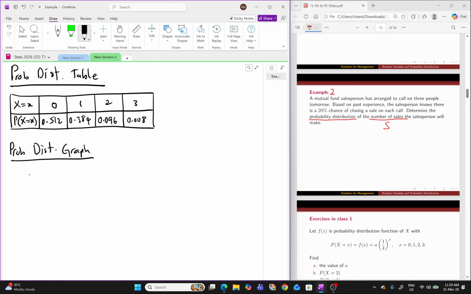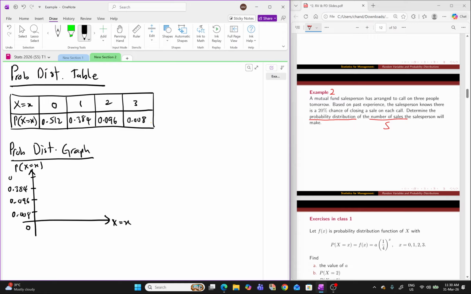For the graph, as I mentioned again and again, we don't use this much, just for your knowledge. Usually we put it like this, and then here we write the x, here is the probability, and the smallest number is 0. Just sketching, you can just put like this, 0.08. And the next one is 0.96.